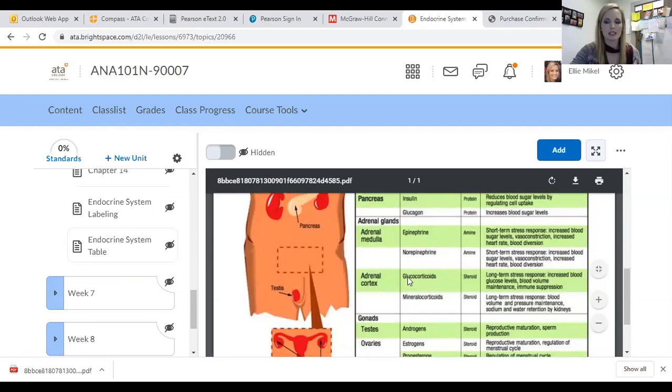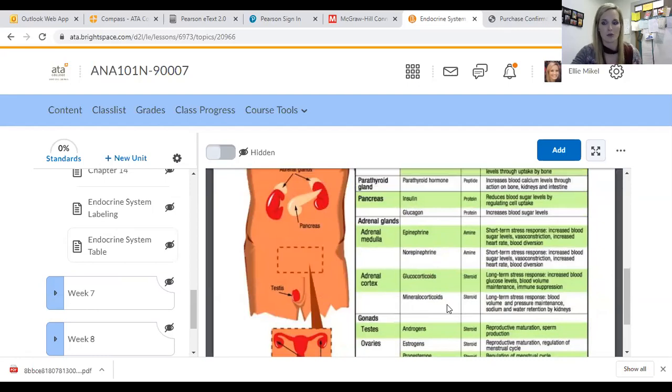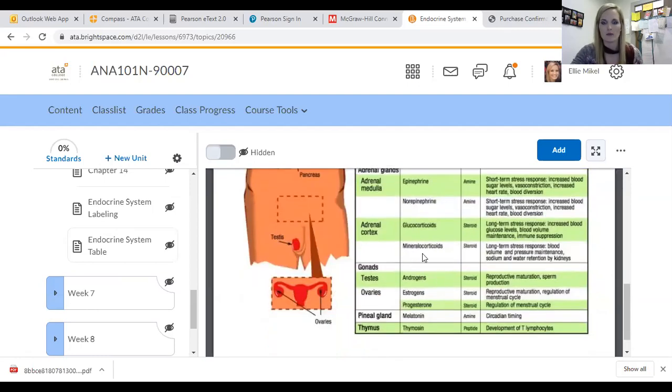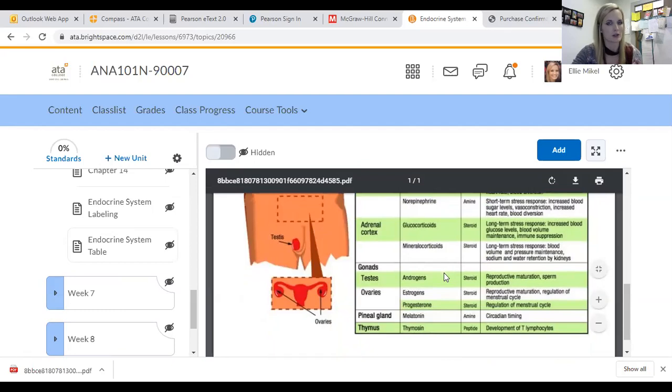With the adrenal cortex, again, we specifically talked about glucocorticoids and mineralocorticoids, but we specifically discussed cortisol and aldosterone. So remember those two. Those are important. That may not be listed on this chart, so if you print this off, you might want to write that in. Then we talked about the gonads. Remember, sex glands.